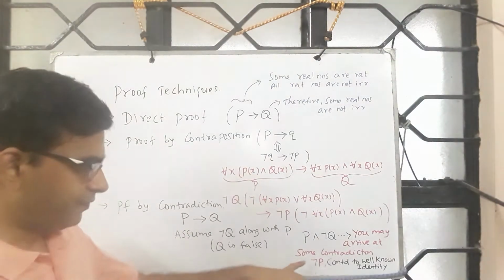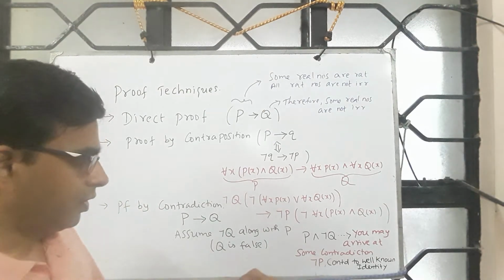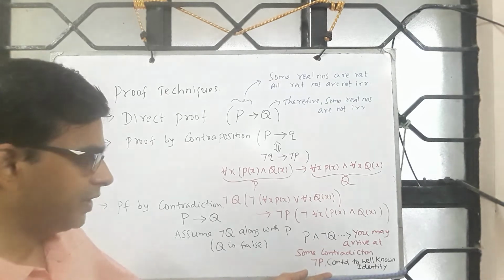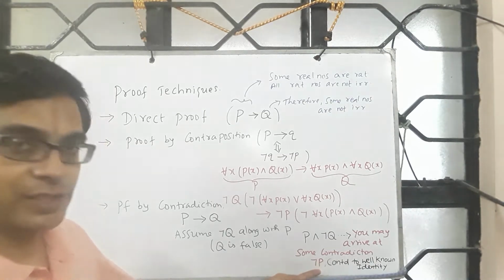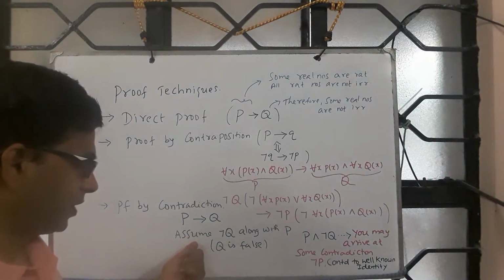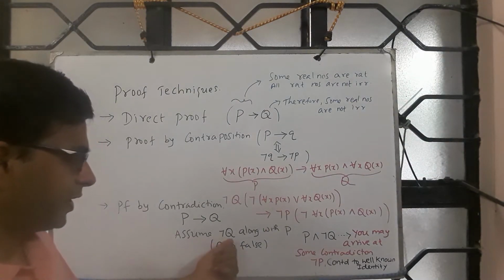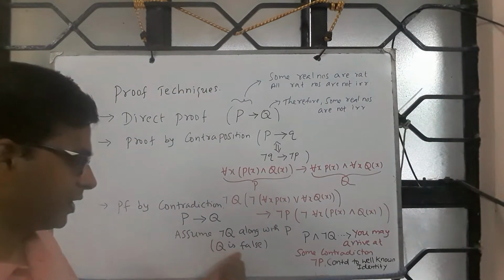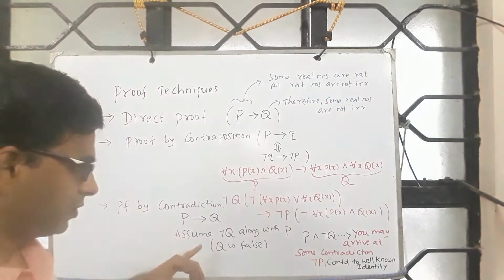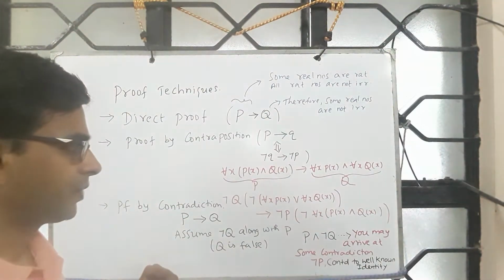So if such a thing comes, what triggered me to arrive at such a contradiction? If you go back and see, it is because of the assumption that negation Q is true, or the assumption that Q is false. So our assumption is false, so Q follows.